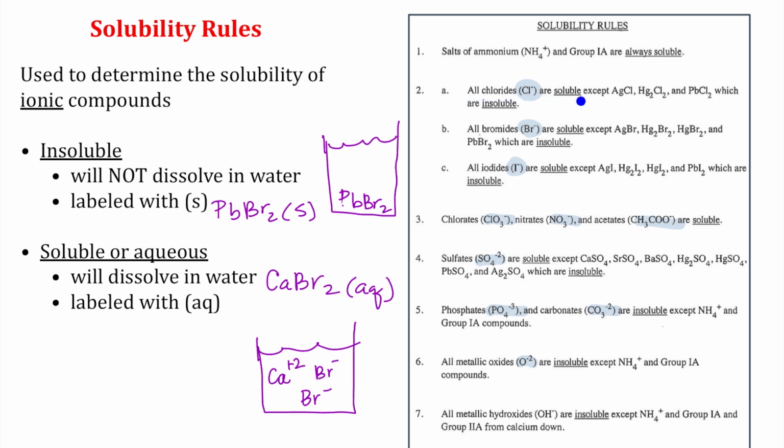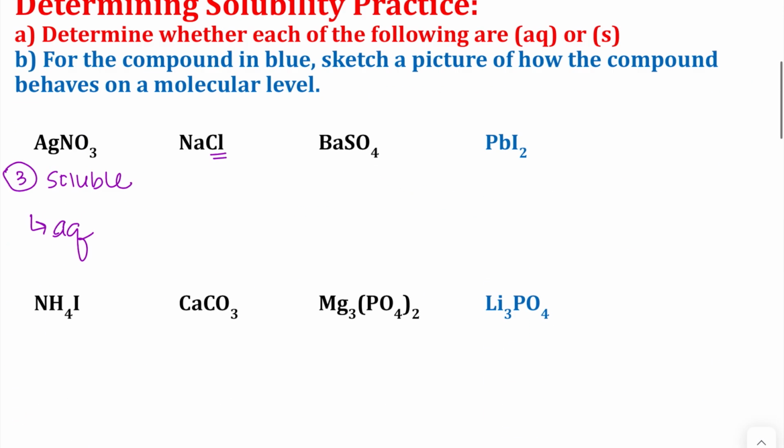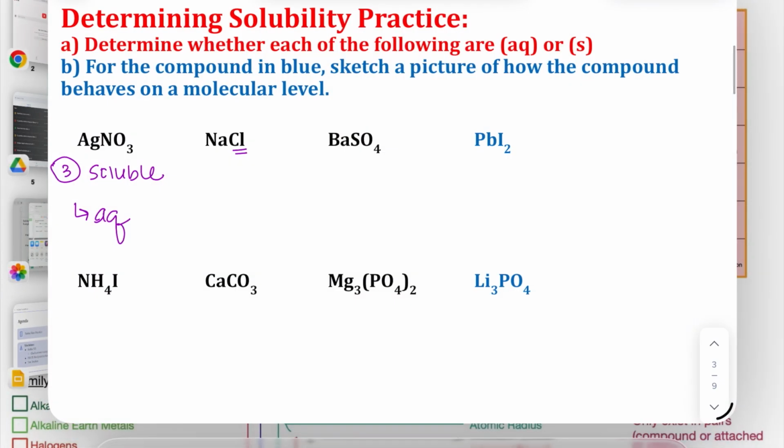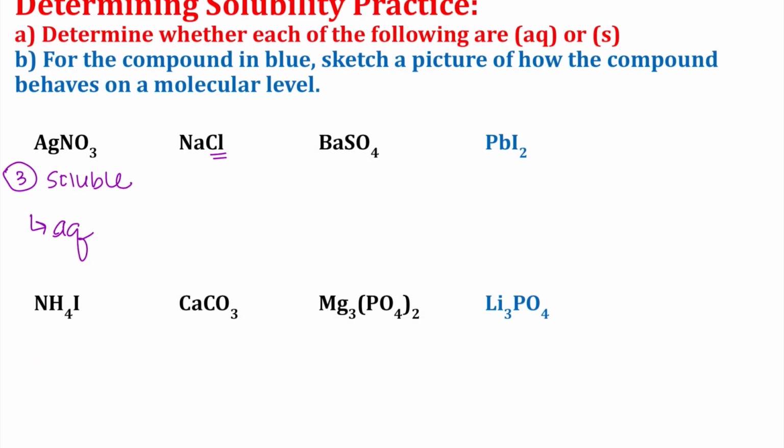All chlorides are soluble except, and sodium chloride isn't in that list, so that means that it is soluble. And that was by rule 2A, meaning it would be aqueous as a state of matter. Feel free, if you're ready, to try these on your own. Otherwise, I'm going to keep going.